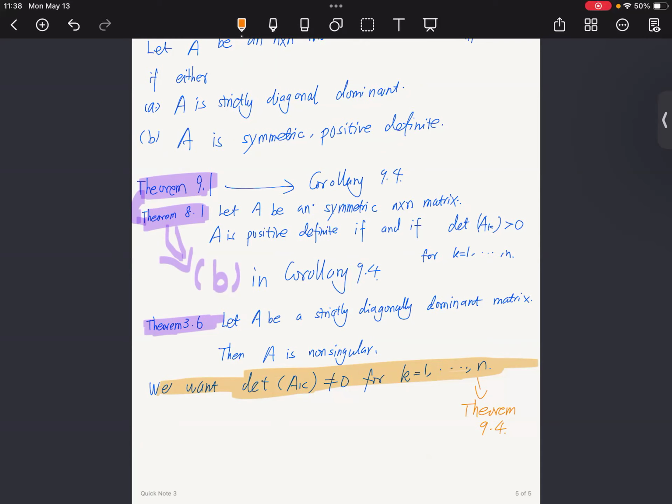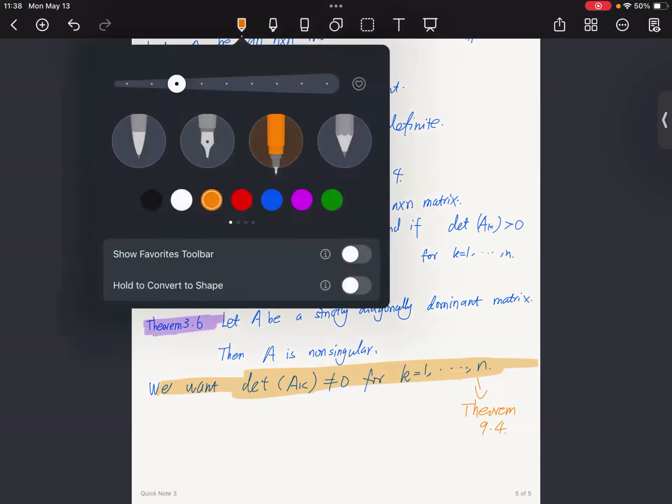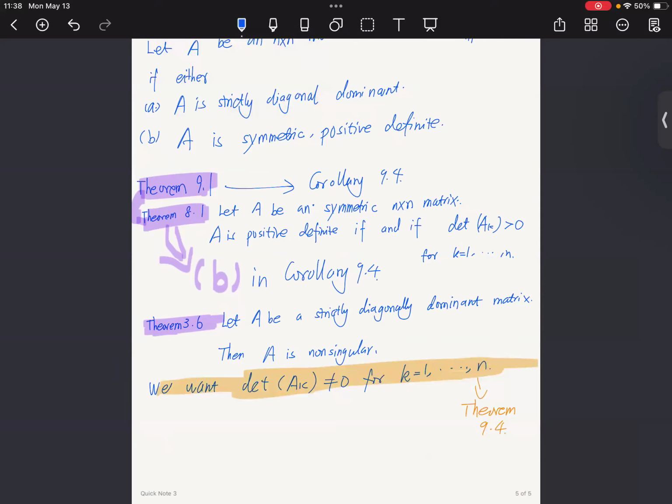So let's go back to the definition of strictly diagonally dominant. It's |a_ii|, the diagonal entries, and it's bigger than the sum over j equals 1 to n, j not equal to i, of |a_ij|.